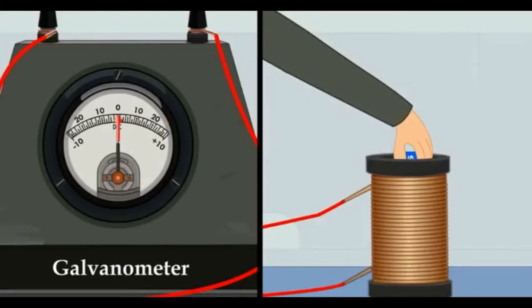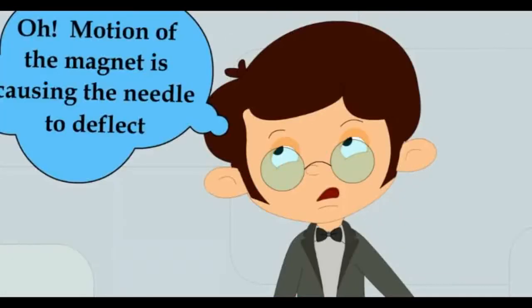And when the insertion is complete, we can see there is no deflection, right? There is a deflection only when the bar magnet is moving through the coil, and when it reaches the maximum depth inside the coil, the deflection stops. So one may think that motion of the magnet is causing the needle to deflect.